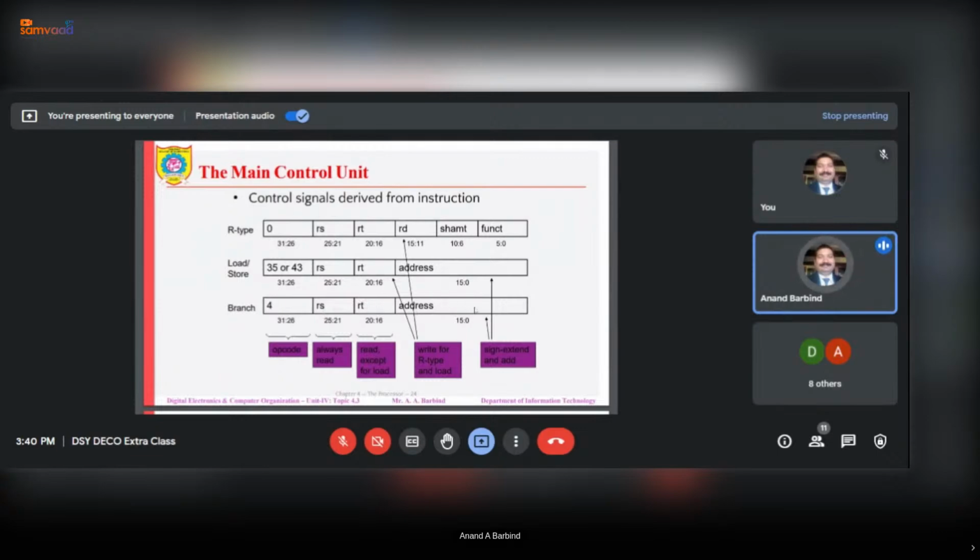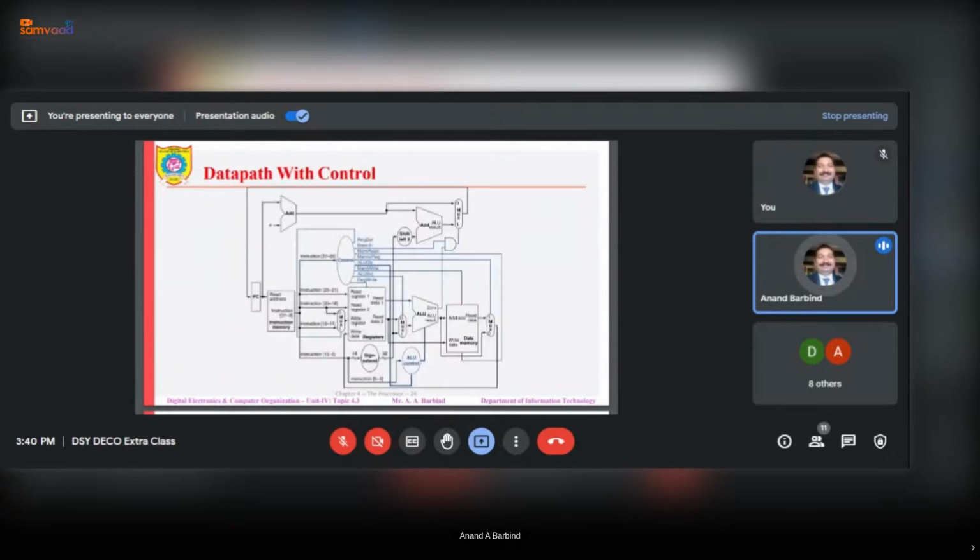And this 16-bit address will indicate how many instructions are to be skipped before or after the current instruction for branching. Okay, so this is the structure of the MIPS instruction.